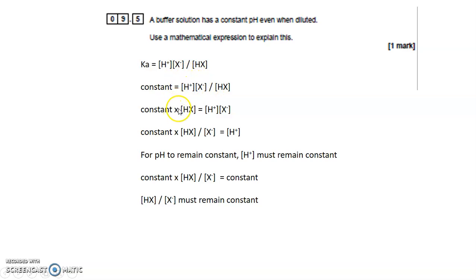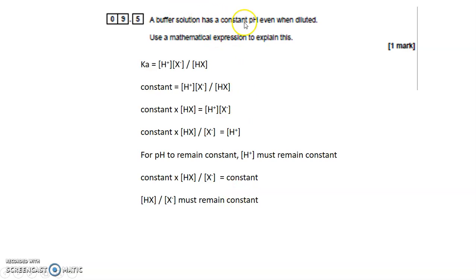I could rearrange this if I wanted to now. I could multiply both sides by HX, so my constant multiplied by HX equals H+ multiplied by X−, and I could divide by X−, so constant multiplied by HX divided by X− equals H+ concentration.